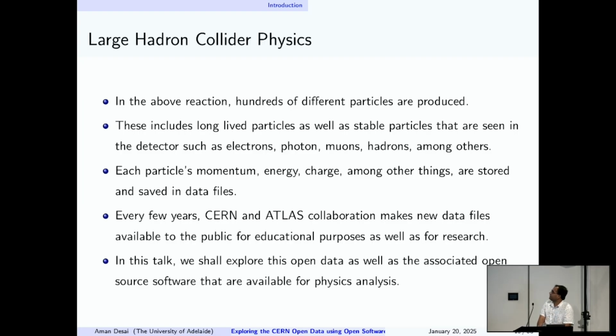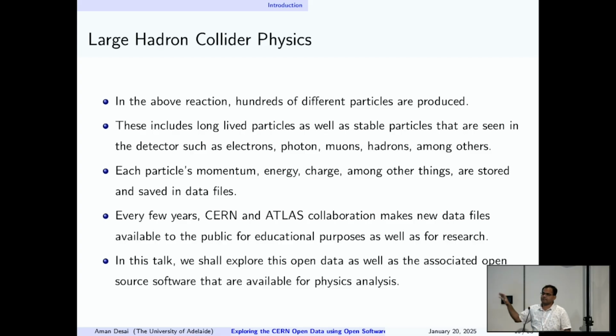So in a single process, hundreds of particles are produced. This could include long-lived particles, stable particles, short-lived ones, electrons, photons, and each particle has its own properties, such as momentum, energy, and charge.